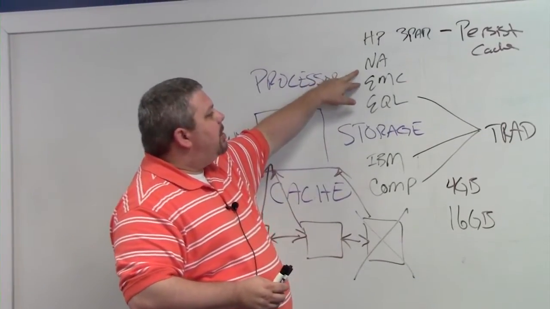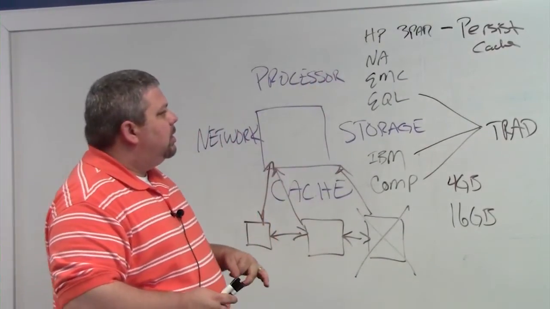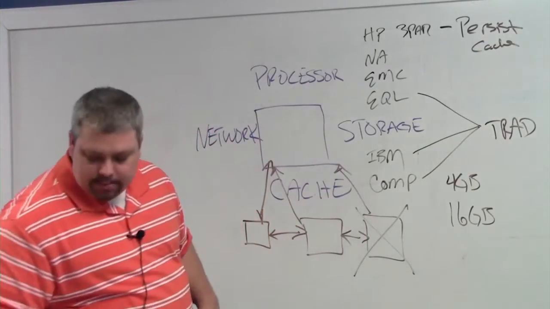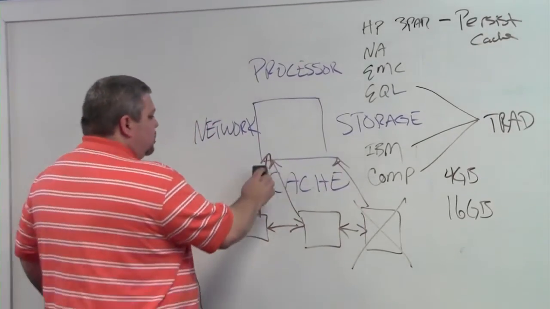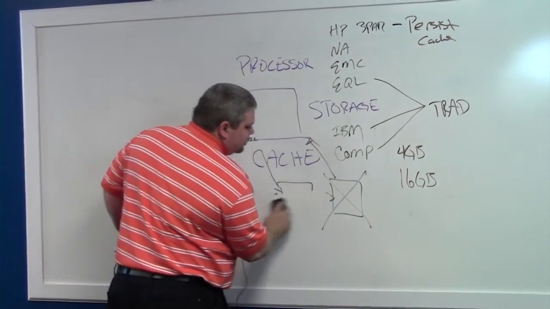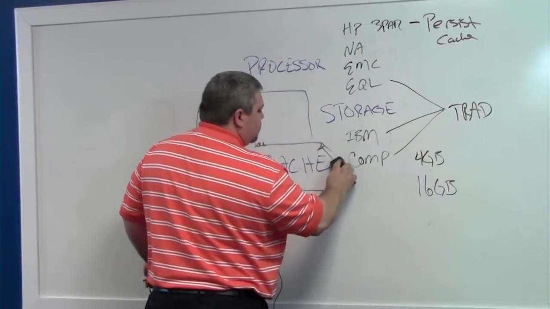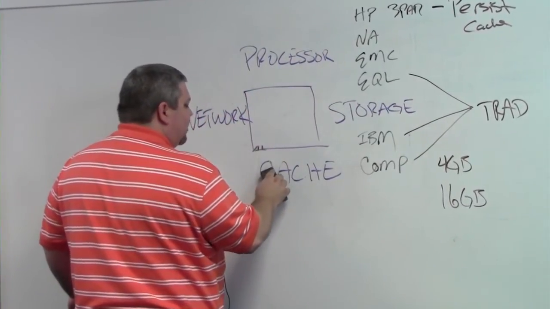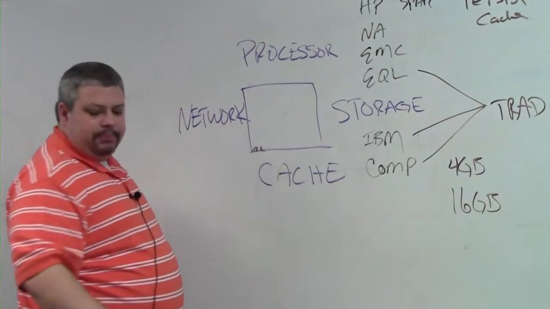With NetApp and EMC, they kind of have an additional level of cache, and that additional level goes beyond just your traditional RAID caching methodologies like we talked about here, and it's not the same as persistent cache.